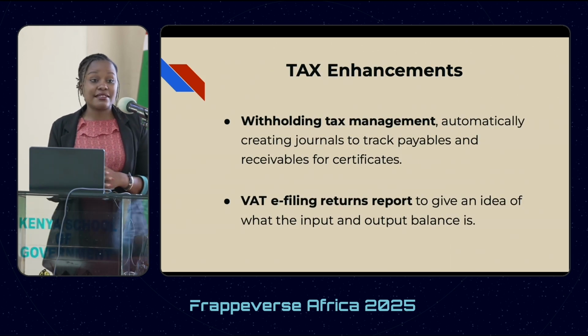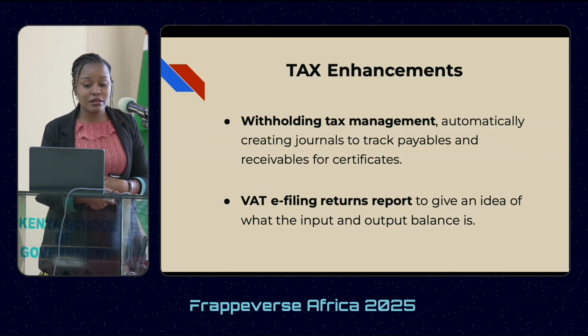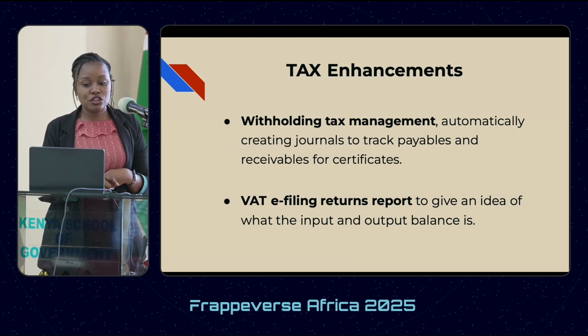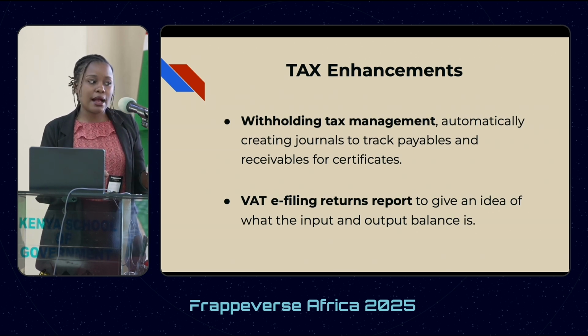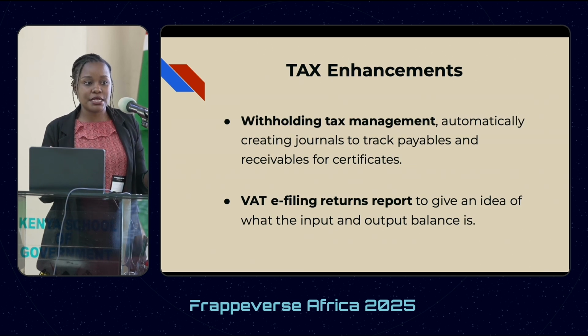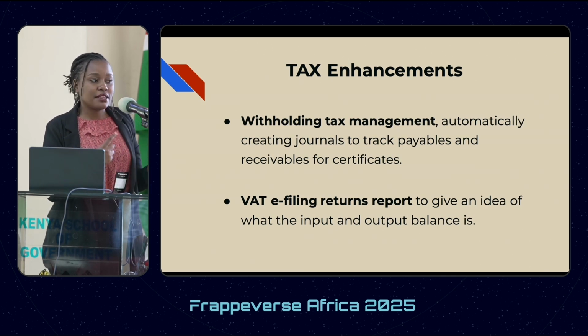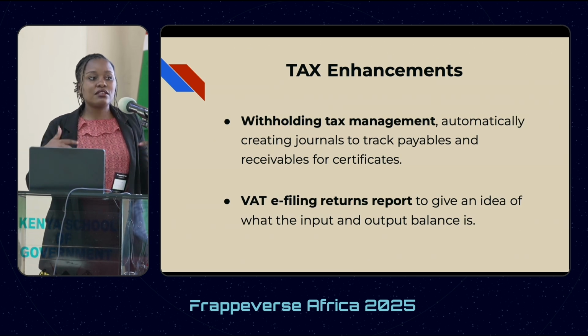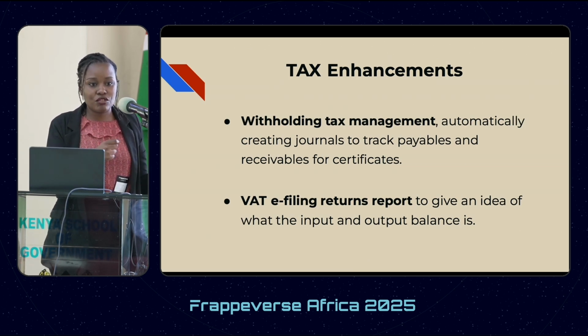We have tax enhancements that we have done as well. We have a feature in our company doctype where you can set up your withholding tax accounts, so that when you select the option to have it generate, every time you create a sales invoice or a purchase invoice and you submit it, it will automatically generate a withholding tax journal entry.